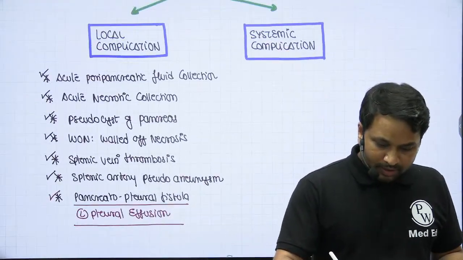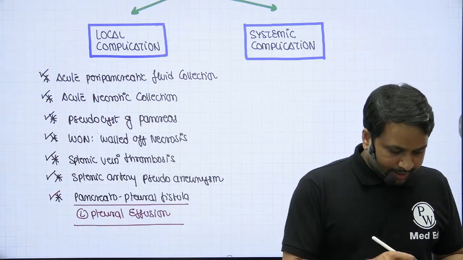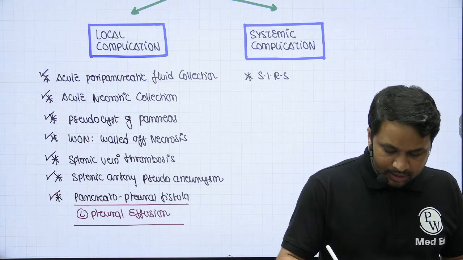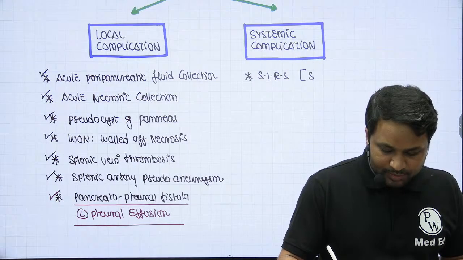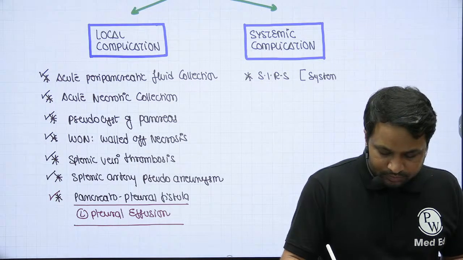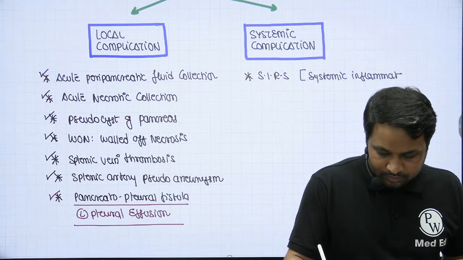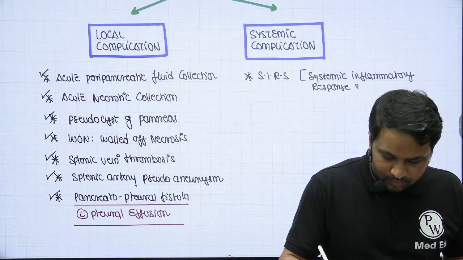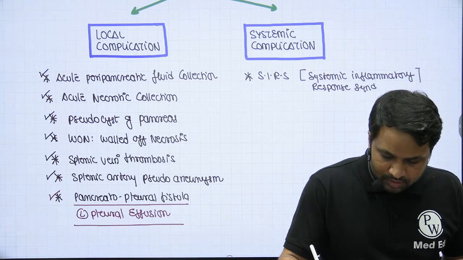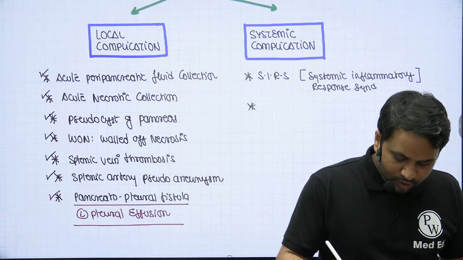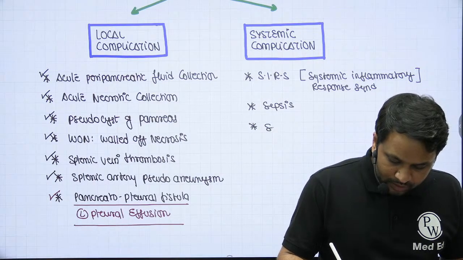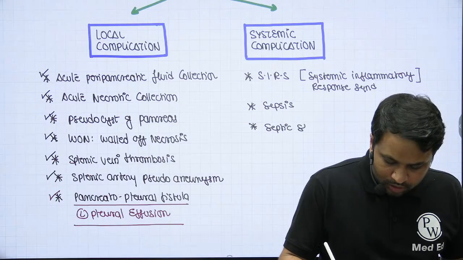Now, when you talk about the systemic complications, they are associated with SIRS, that is systemic inflammatory response syndrome, resulting in sepsis, then going into septic shock.